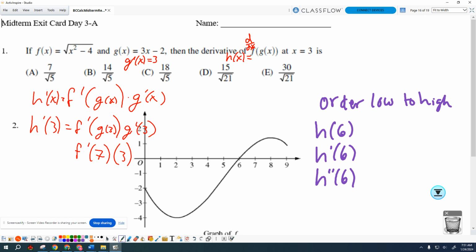All right. Alex, how do I do f prime? 1 over 2 times the square root of x squared minus 4, times the derivative of x squared minus 4, which is 2x. Plugging in 7, I get 7 over square root of 4.